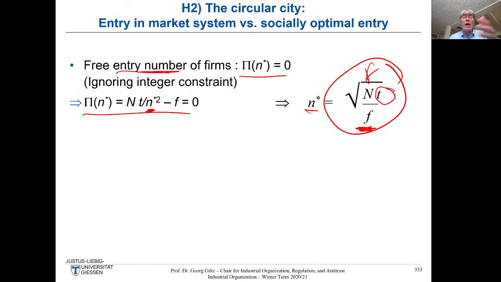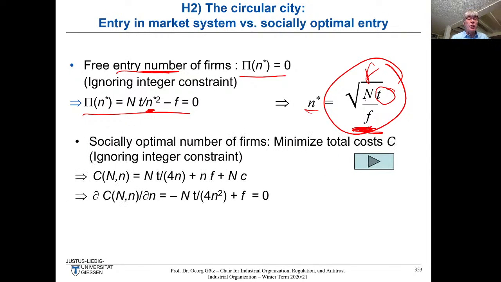Okay, that's why you don't get twice as many firms if the number of consumers doubles. Even though you can sell twice as many units, your price or your profit per unit will be lower because competition intensifies. Okay, that's an important aspect of this model, and a nice aspect, by the way, because that's exactly what you would expect.